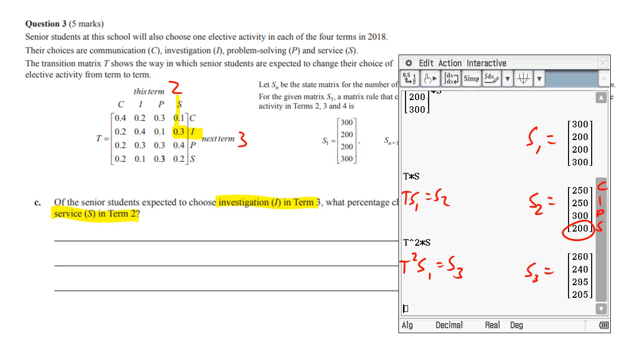Going to term 3, 0.3 of the 200, which is 60, became investigation in their choice.